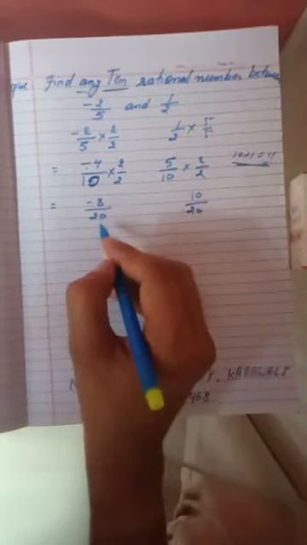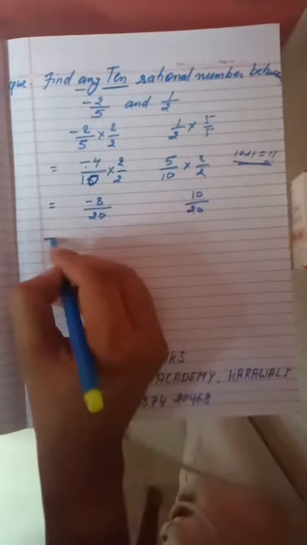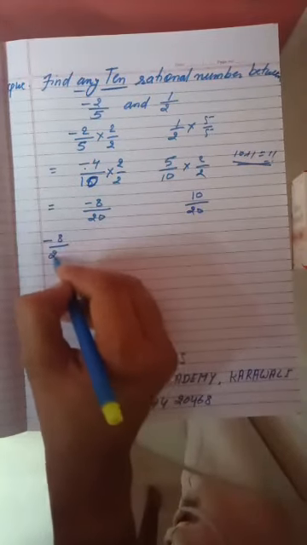Now you can find 10 numbers between them. So we will just write here -8 divided by 20.